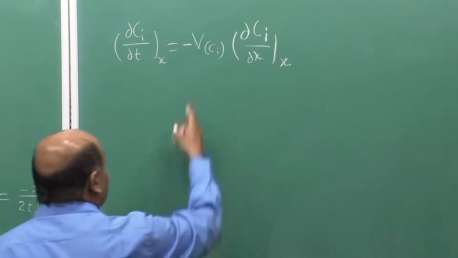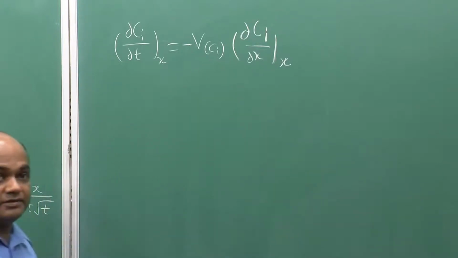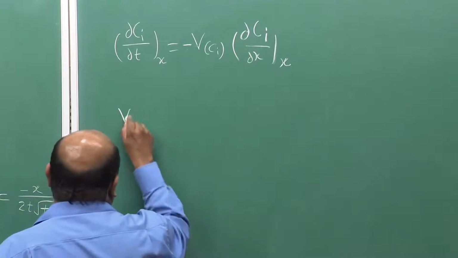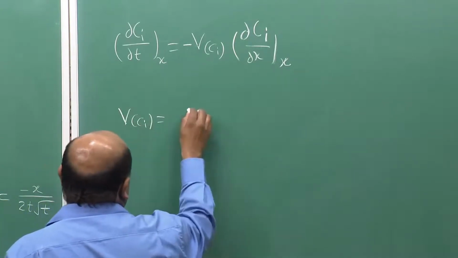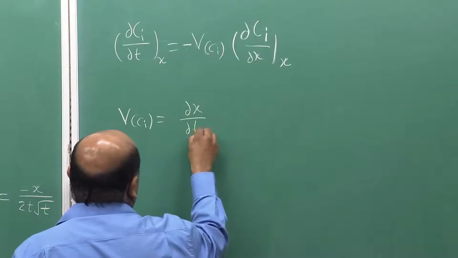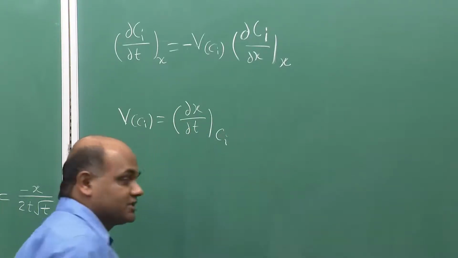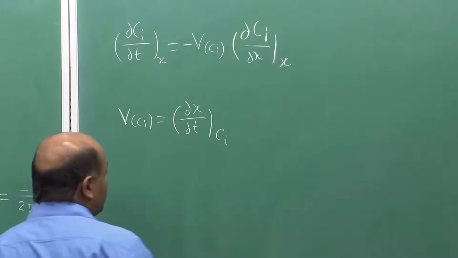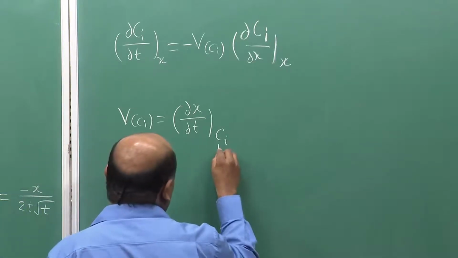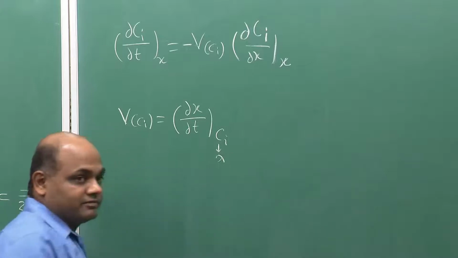Now, let us try to find out this V of C I. V of C I is dou x by dou T for C I, and since C I is a function of lambda, we can write this as dou x by dou T at given lambda.